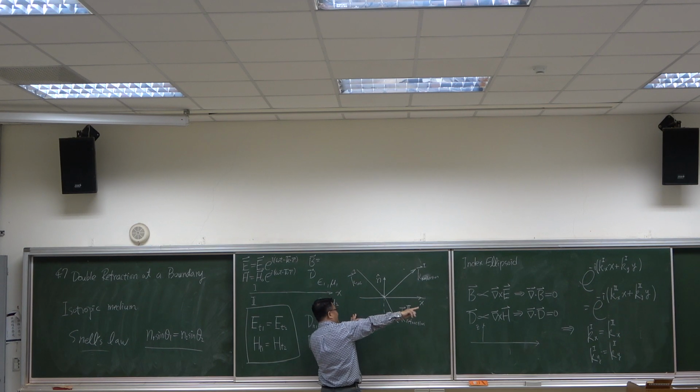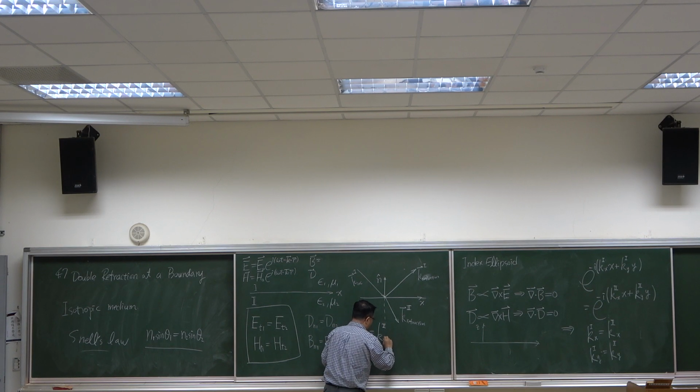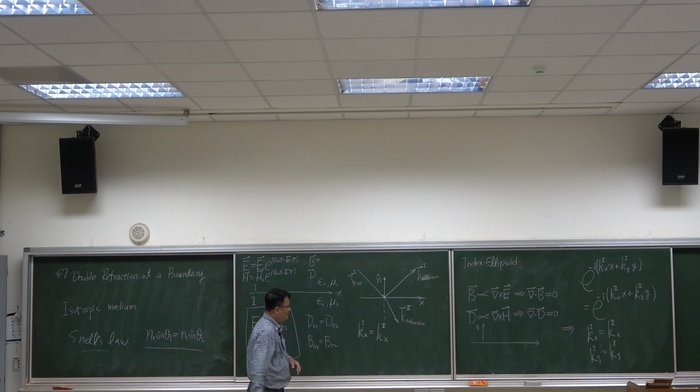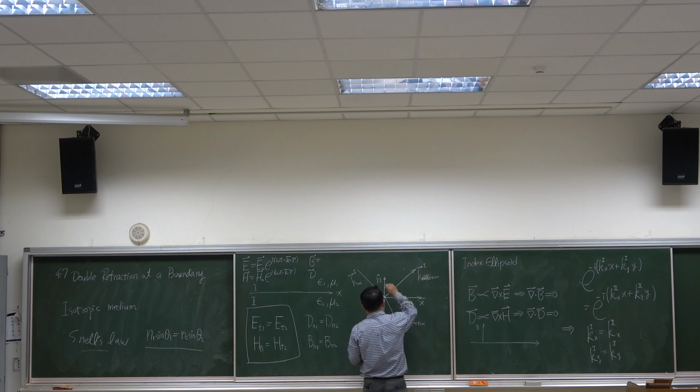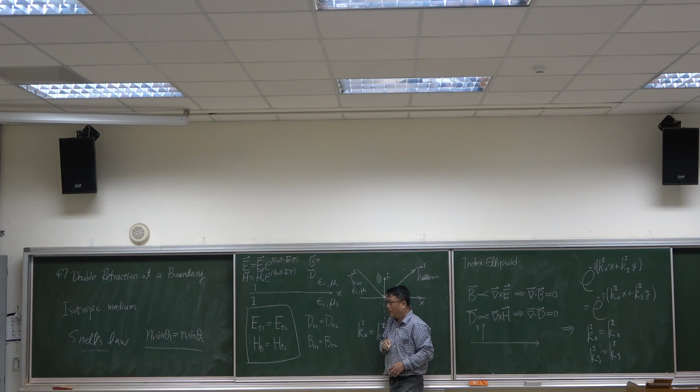So this result tells us that K1x is equal to K2x. However, here we have epsilon1, mu1 parameters. Here we have epsilon2, mu2 parameters.